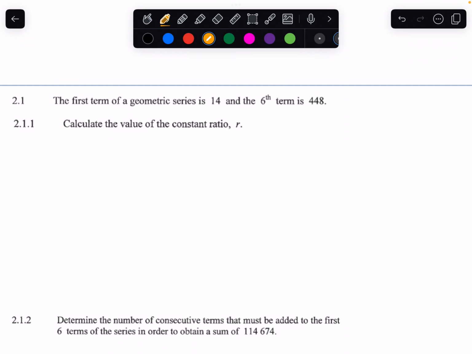Okay, so we are told that term 1, which is also just called A, is 14.